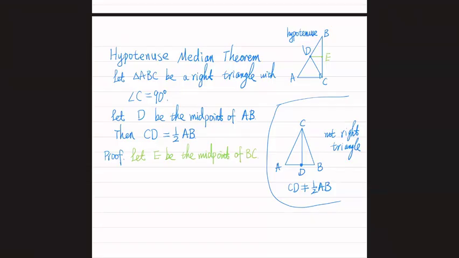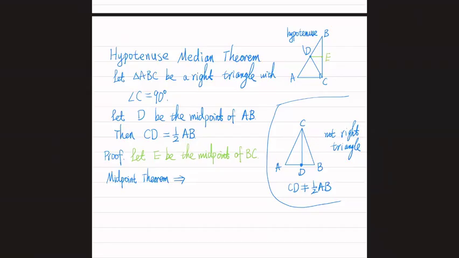Okay, now D is the midpoint of AB. E is the midpoint of BC. What does the midpoint theorem tell us? Okay, think about it. Aaron, yes. That's if R equals 1/2. Which is half of which?